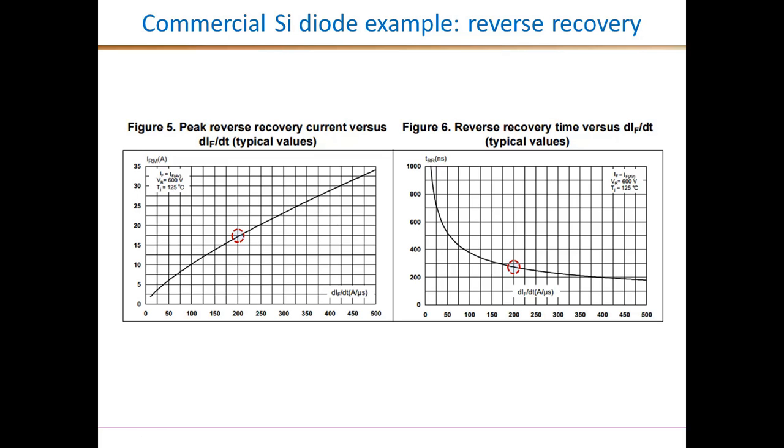So assuming a typical value of about 200 amperes per microsecond, the peak reverse current is about 17.5 amperes. This is for a forward current rating of 30 amperes, and these plots are given at a reverse blocking voltage of half the rated value, 600 volts.